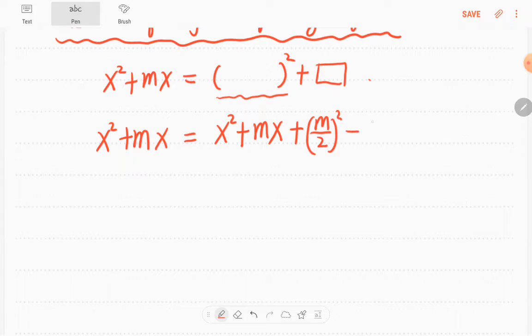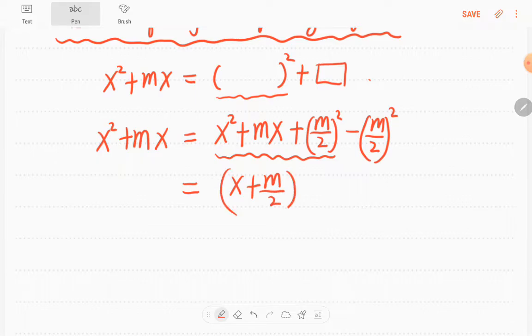Then you subtract the same number, so it will not change anything. The good thing is the first three terms will give you a complete square, which is (x plus m over 2) squared.